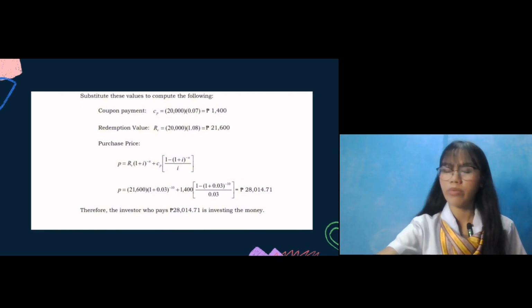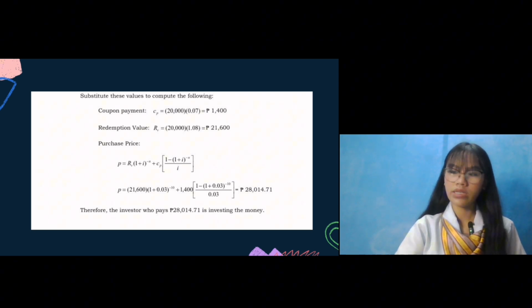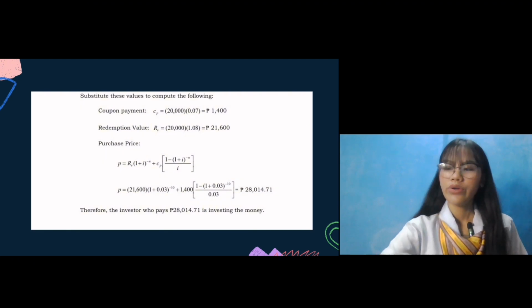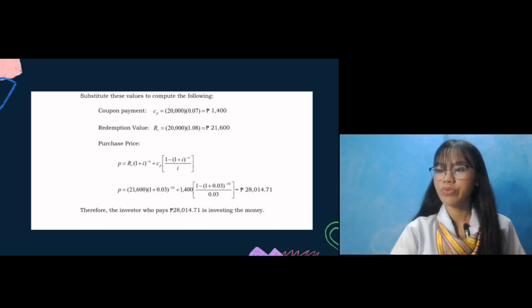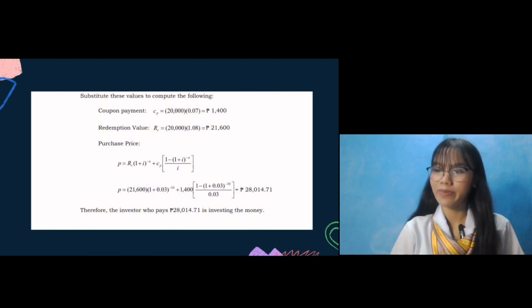It is redeemable at 108%, so we multiply both of them: 20,000 multiplied by 1.08, and we will be getting 21,600 pesos.